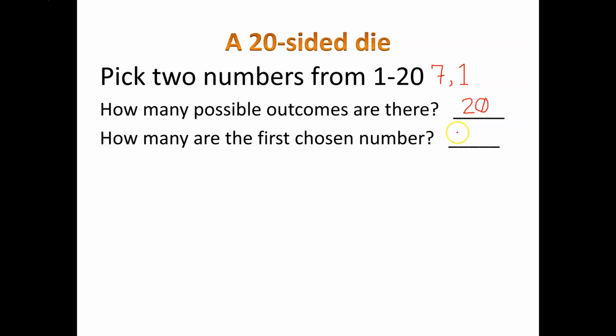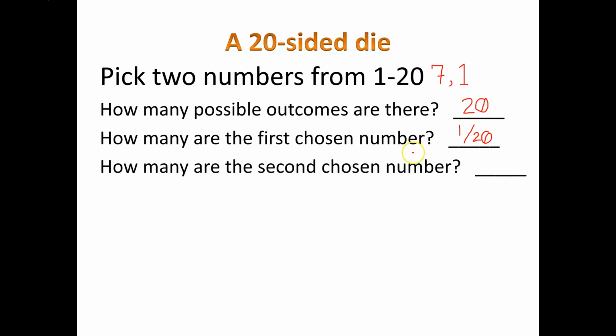We chose 7. There's only one 7 on the die, so that's one winner out of 20 possibilities. What about the second choice? Well, there's only one 1 on the die out of 20 possibilities, so that's also 1 out of 20.